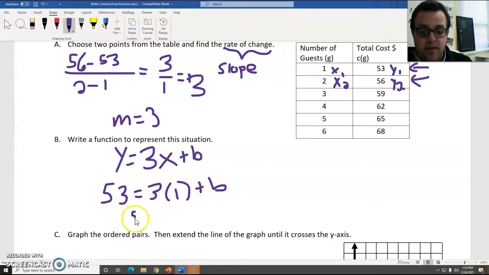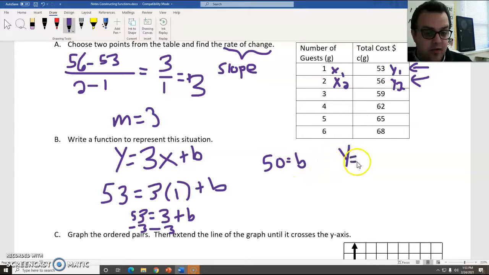All right, so 53 equals 3 times 1 is 3, so 3 plus b. And then I'm going to subtract 3 from both sides, and I'm going to get that 50 equals b. So my equation is going to be y equals 3x plus 50.